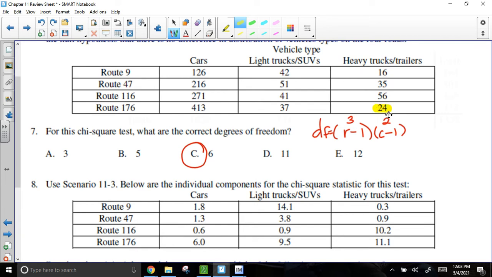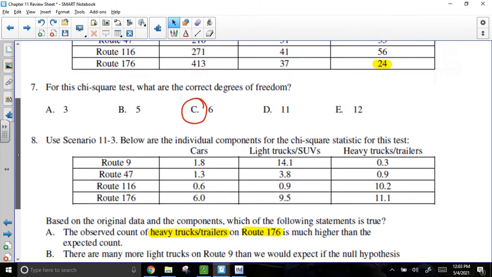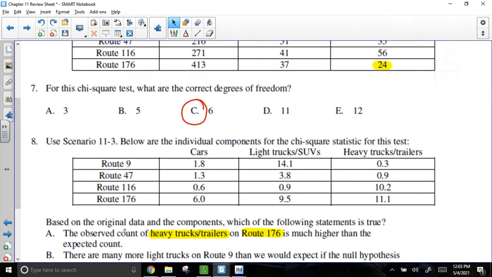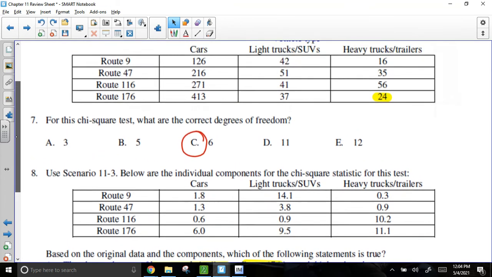That would be 24. Now that is the actual count. We actually have to figure out the expected count in order to know if the observed is larger than the expected, because that's what it's asking. Is the observed higher than the expected? You can see the difference is 11.1, but we don't know if that's a positive or a negative difference.